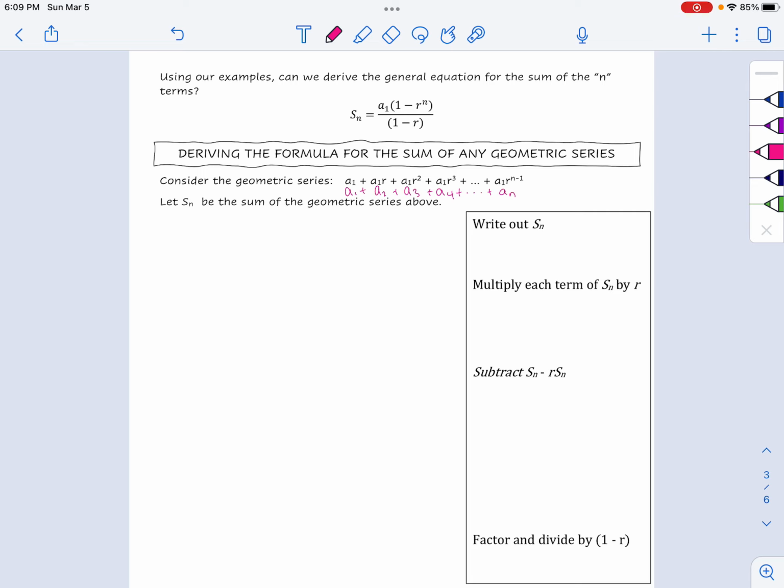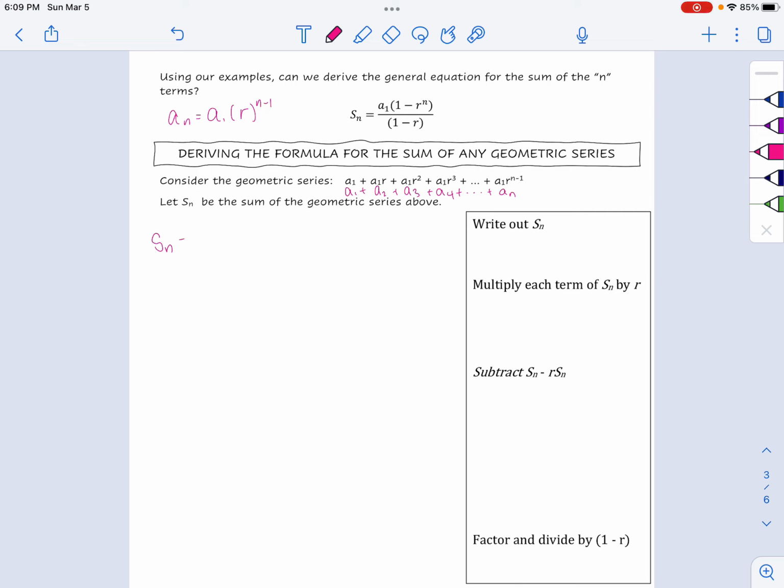So the first thing that we're going to do is write out our geometric series S sub n by using the equation for the single term, which, remember that equation from before, a sub n is a sub 1 times r to the n minus 1 power.